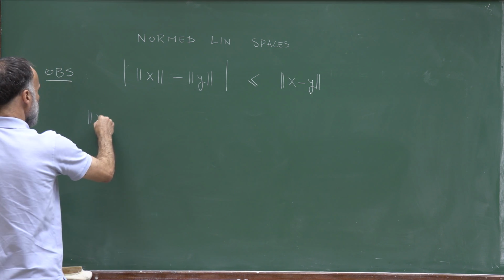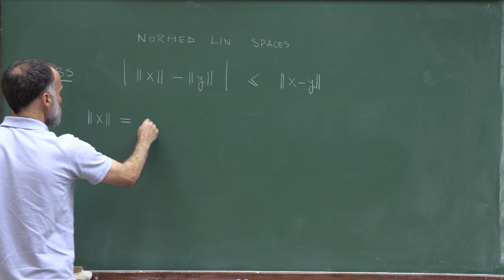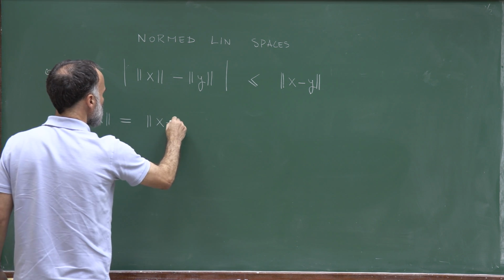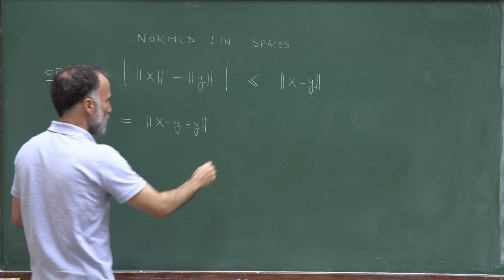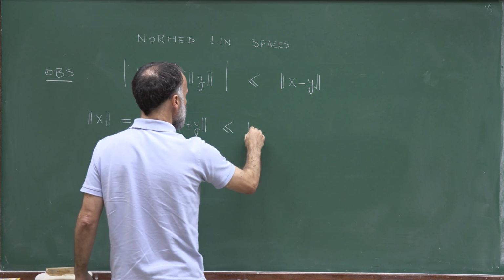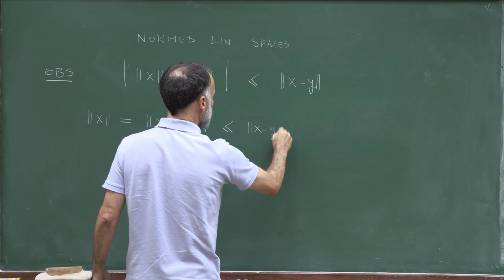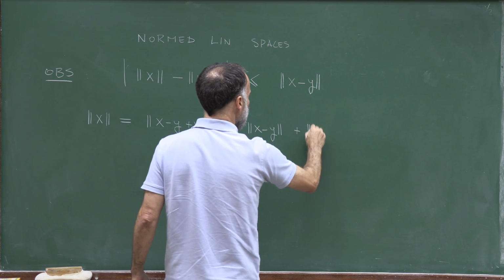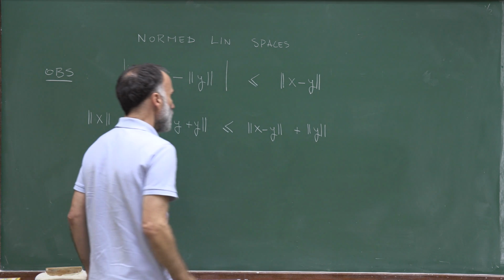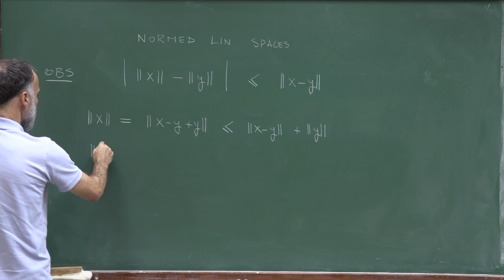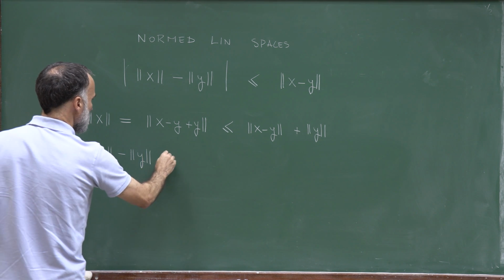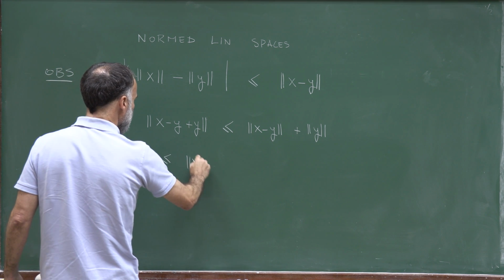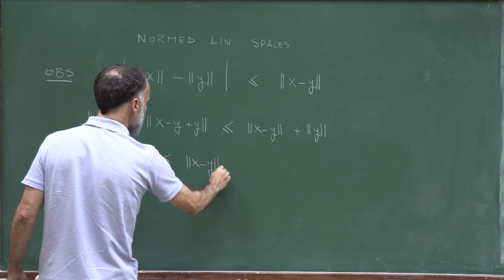So first, let me write that x is equal to x minus y plus y. And by the triangle inequality, this is bounded by the norm of x minus y plus the norm of y. And therefore, the norm of x minus the norm of y is bounded by the norm of x minus y.